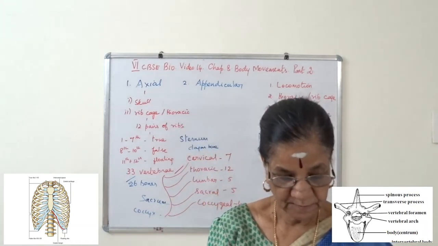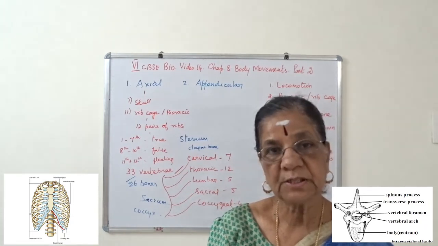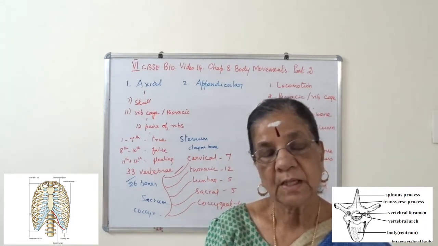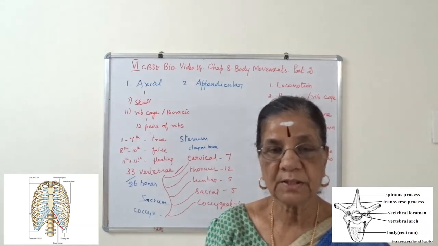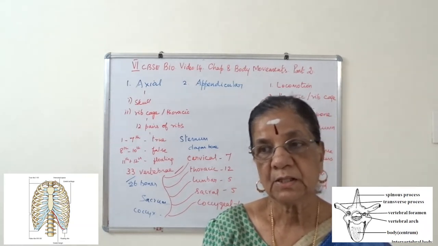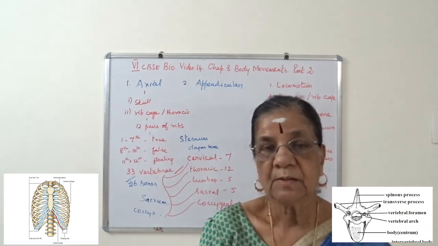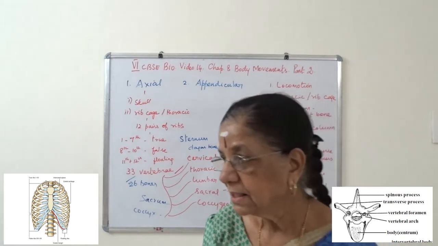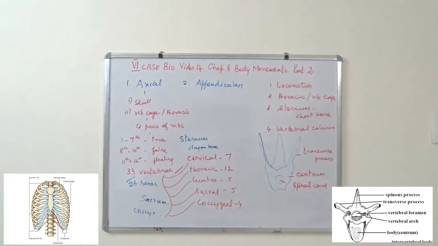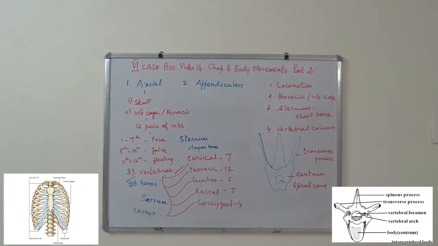I hope you understand. How many pairs of ribs in humans? There are 12 pairs of ribs. How many vertebrae in humans? There are 33 vertebrae, but in adults it is 26, as the sacrum and coccygeal bones are united. Sacrum and coccygeal bones are united separately as single bones.